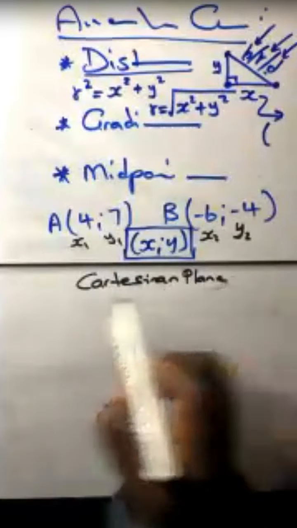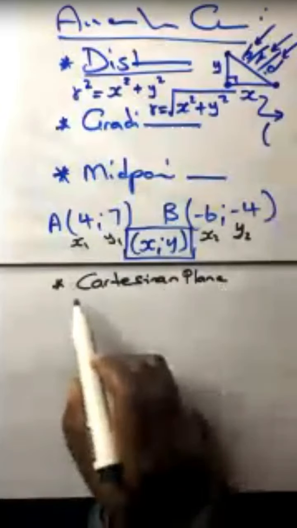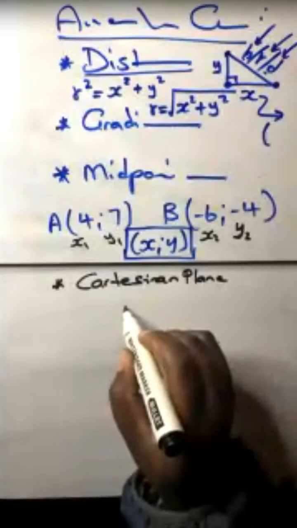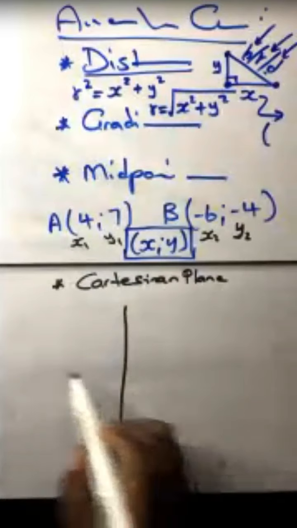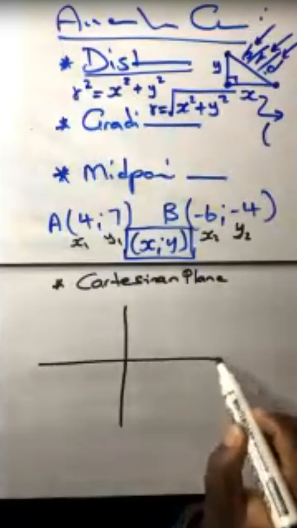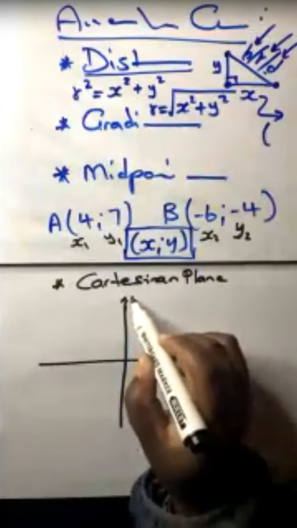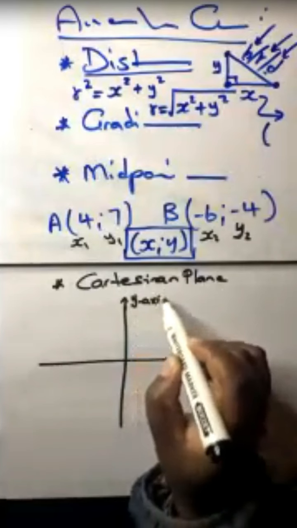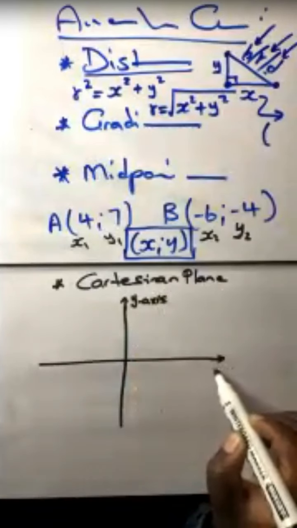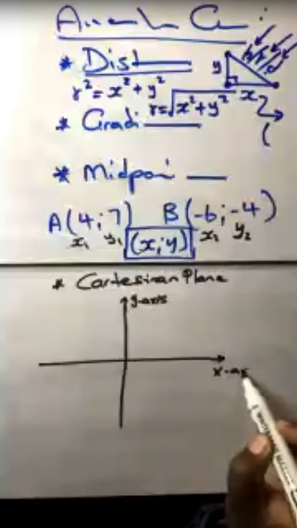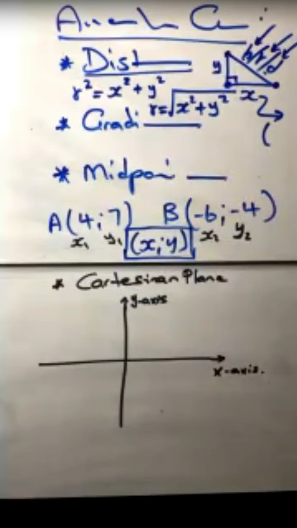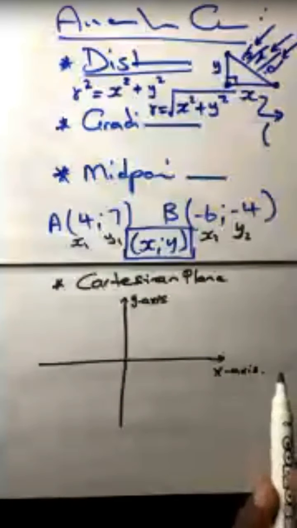Yes, so a Cartesian plane is this thing which has a vertical line and a horizontal line. This one named y axis and this one named x axis. So this is what we call a Cartesian plane. And a Cartesian plane has got quadrants.